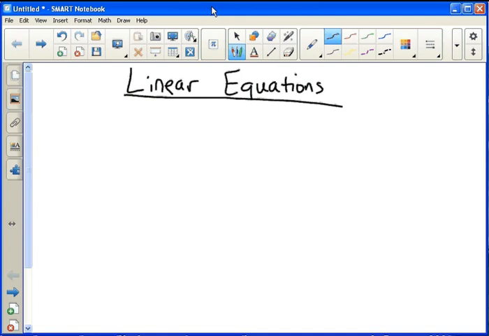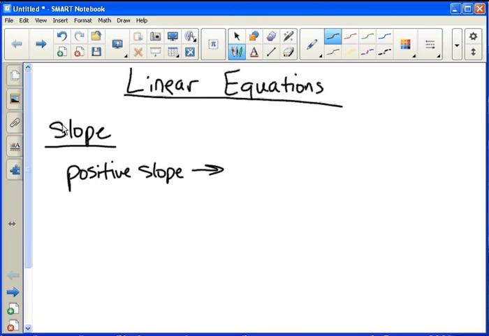So the first thing I want to talk about as far as linear equations is slope. It's a concept you've probably been working with since pre-algebra. Just a couple things I want to say about slope. First of all, a positive slope implies that the line is increasing, and that means it rises from left to right.